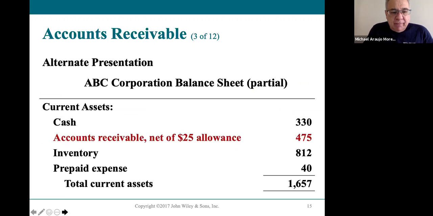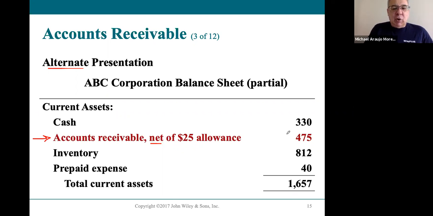Knowing what we know. Although this is in your book as an alternative presentation, this is practically the only presentation you will see if you ever look up balance sheets for any Fortune 500 company. They will show this on the balance sheet: accounts receivable net of allowance.